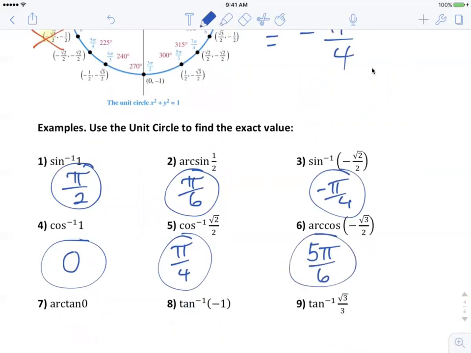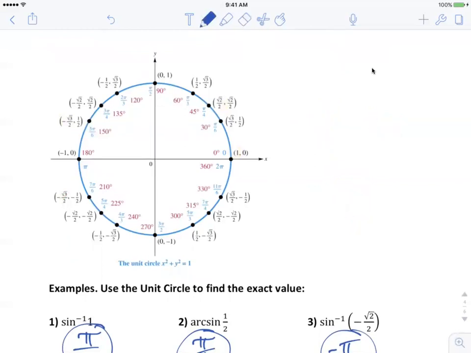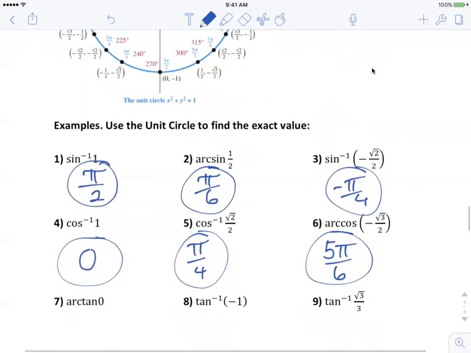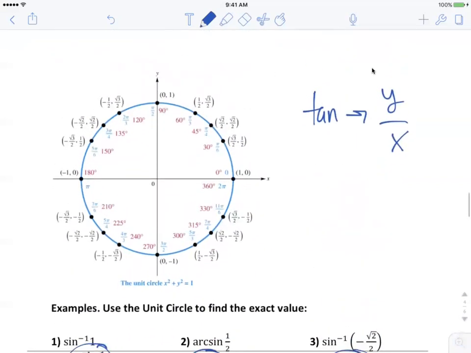Okay. How about tangent? Okay, so tangent, well, let's see, let's restart. Tangent, remember, let's just get some room here. Tangent is y over x, right? So you're trying to find a place on the unit circle where the ratio of y divided by x is 0, right?